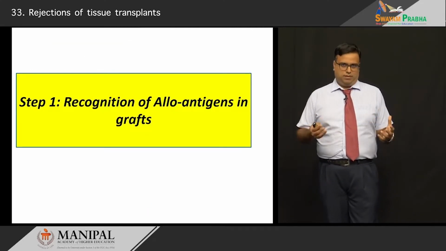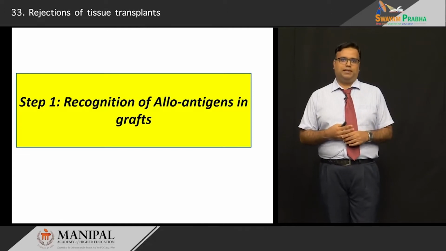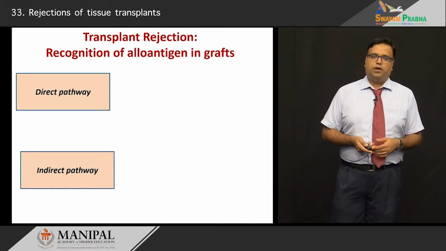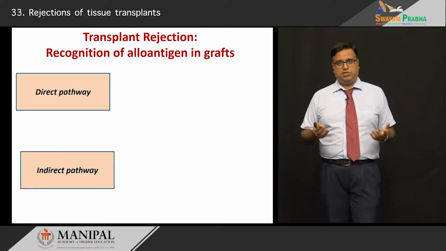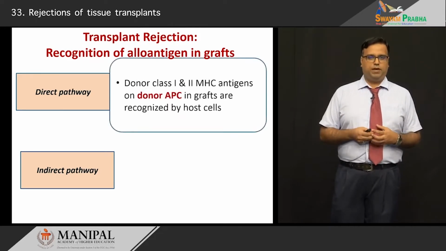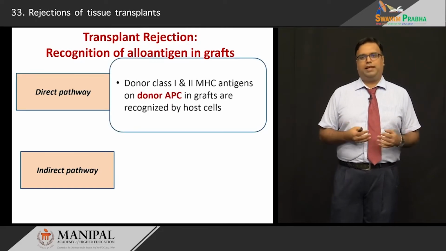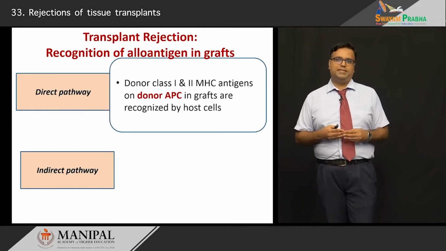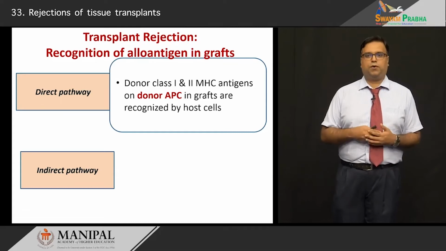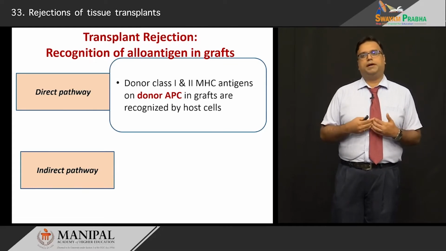Let's study step 1 in a little more detail. Recognition of allo antigens on the grafts. Now, there are two pathways which are postulated by which this happens. It can be a combination of both. By and large, it's the direct pathway. By direct, they infer that the donor class 1 and class 2 MHC antigens on the donor antigen presenting cells, or APCs as we have called it here, are recognized first by the host cells.